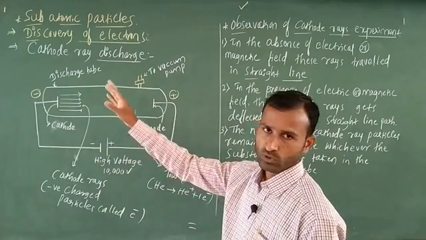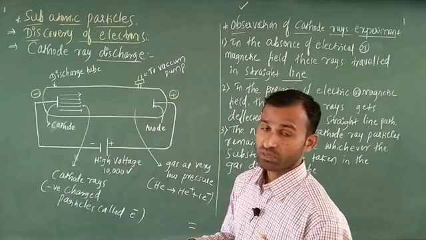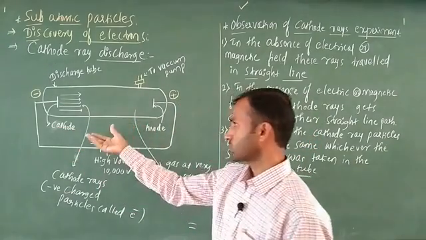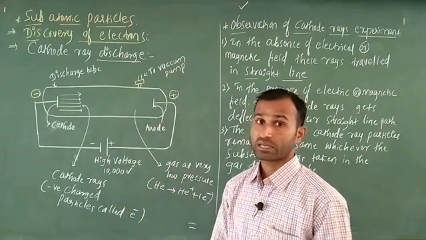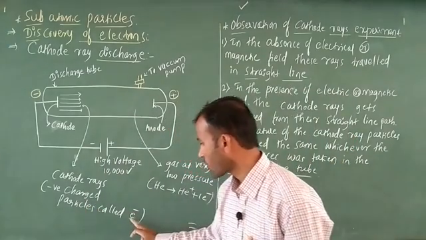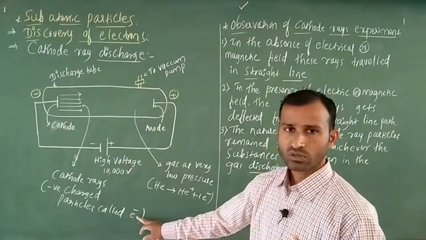This is most important. If the rays started from anode to cathode, they would be called positive, but it is not like that. The rays move from cathode to anode. That is why they are negatively charged particles, and these negatively charged particles are called electrons.